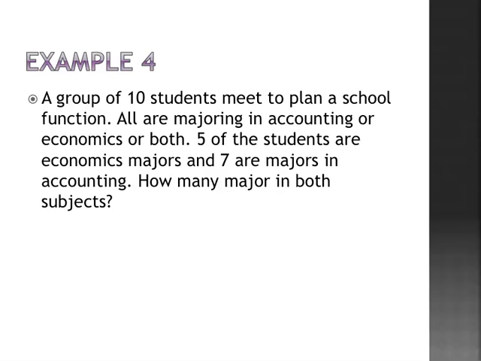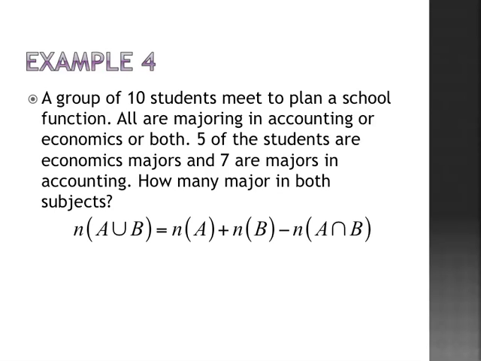Okay, so in this case, we're going to use that union rule, but not to find A union B, but to find the number of elements that are in A intersect B. How many are majoring in both A and B? So let's start off by writing out that rule. Now we're going to call the ones who are economics majors set A, the ones who are accounting majors set B. Now we know that there are a group of 10 students altogether.